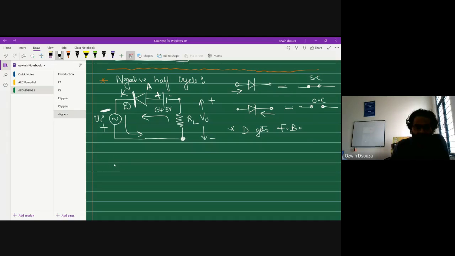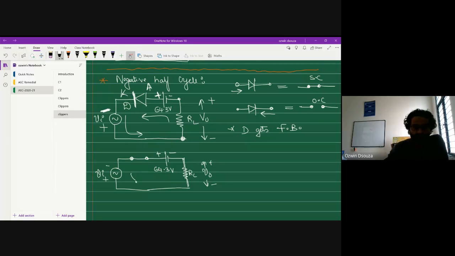So once the diode gets forward biased, you can replace the diode with a short circuit equivalent. There is RL, and this is V naught.